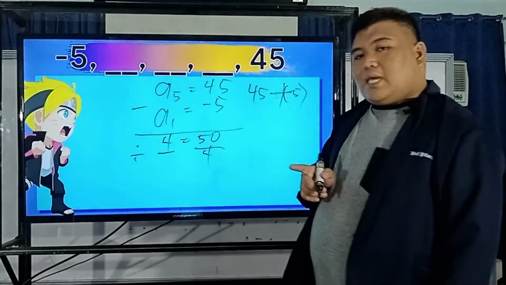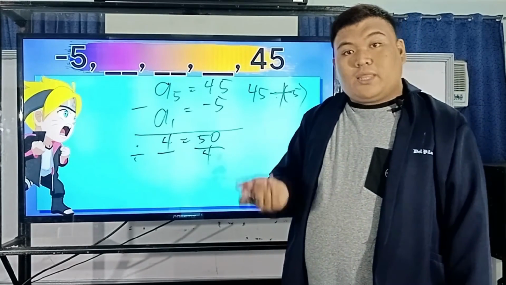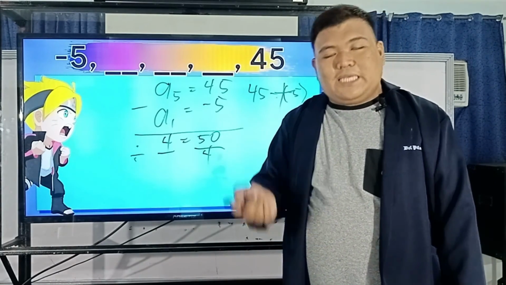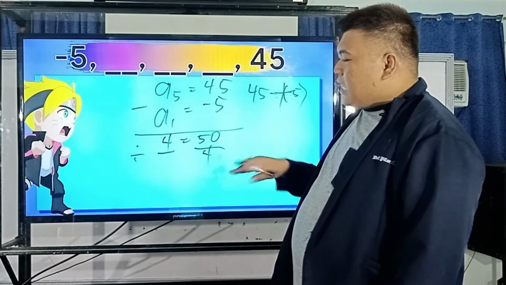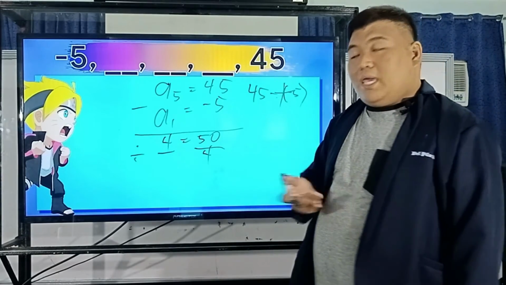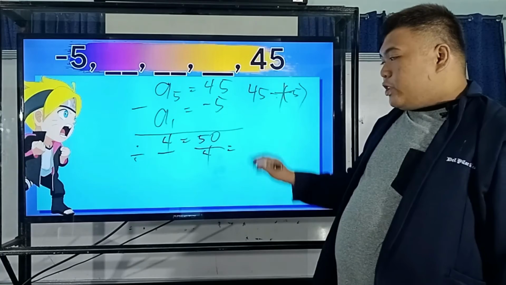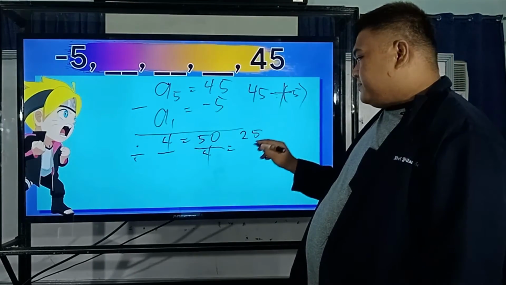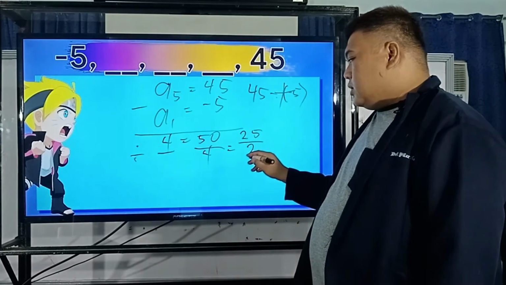So if that is the case, if you have 50 divided by 4, what you need to do is to simplify or get the lowest term. Since 50 and 4 are both divisible by 2, so we will have 50 divided by 2 is 25 over 4 divided by 2 is 2.